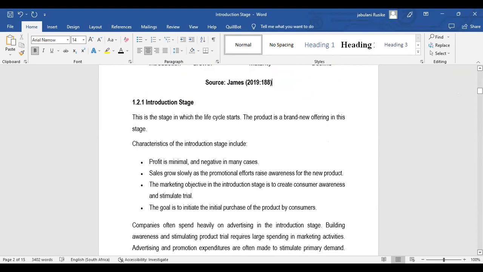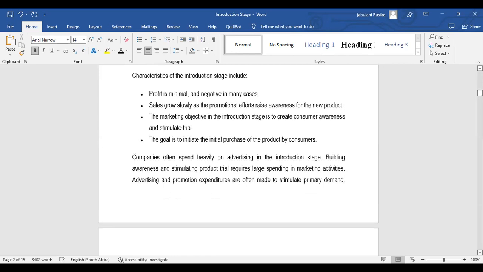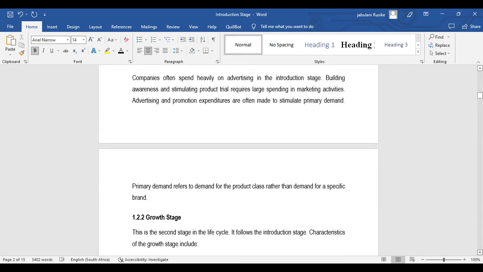so that people can know that, okay, fine, there is a new kid on the block. There's a new product that has been introduced in the market. And basically in this stage, it is when companies spend a lot of money on advertising so that they can make their product known to the customers in that particular market, which means you have to invest in a lot of advertising and stuff.